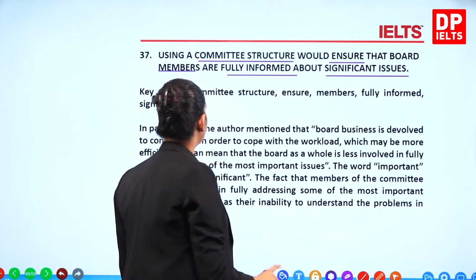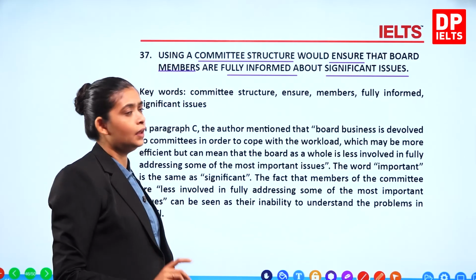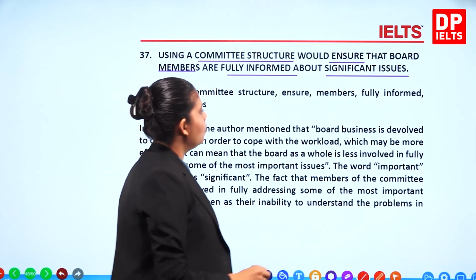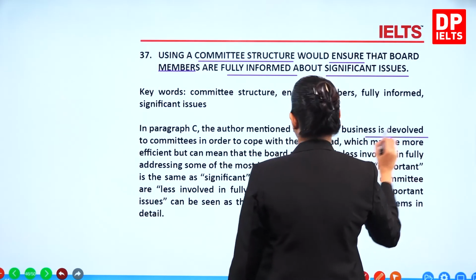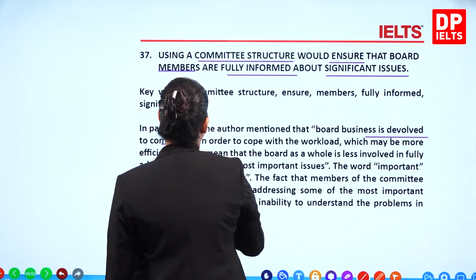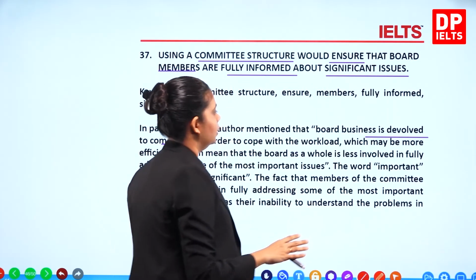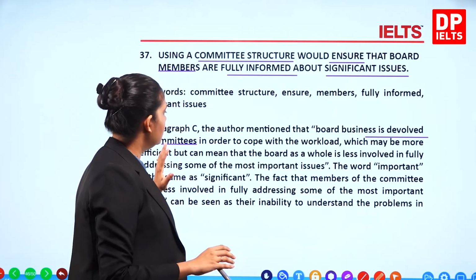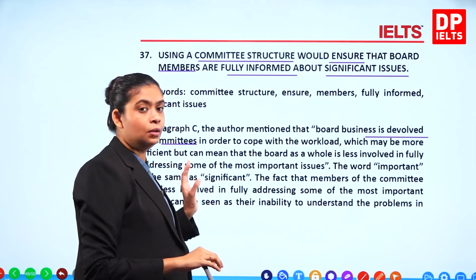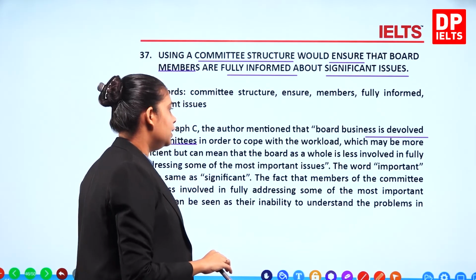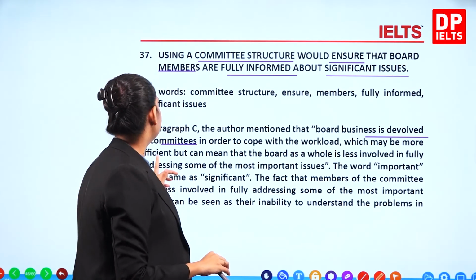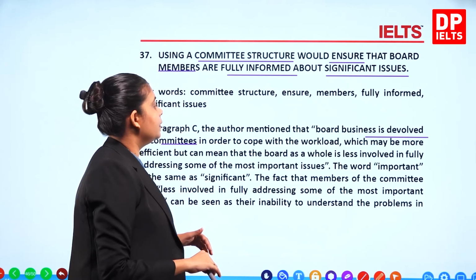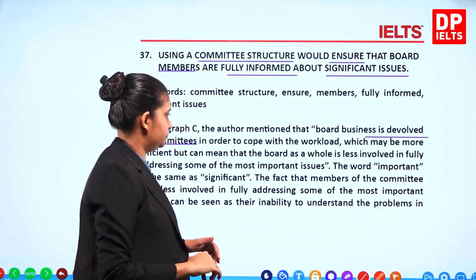Now, if you go to para C, the author mentioned that board business is devolved to committees in order to cope with the workload, which may be more efficient but can mean that the board as a whole is less involved in fully addressing some of the most important issues.